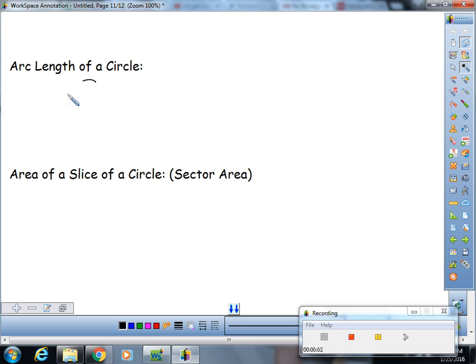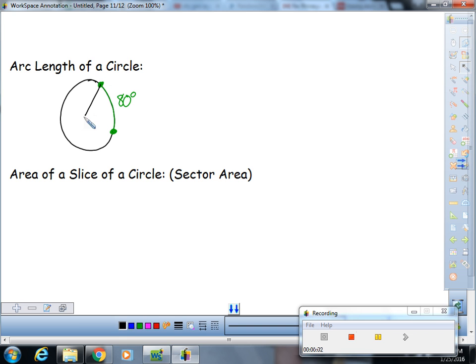Okay? The arc length inside of a circle. Well, in order to know the arc length, you need to know the arc measure. And that may seem redundant, but we are going to say that an arc measure is in degrees. So let's say that here we have an 80-degree arc, okay?